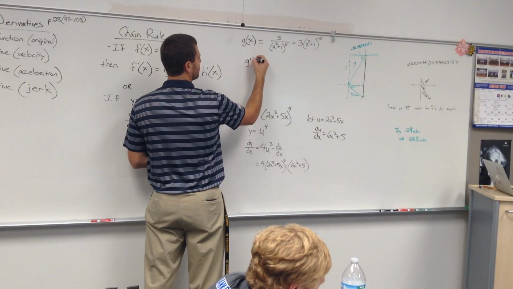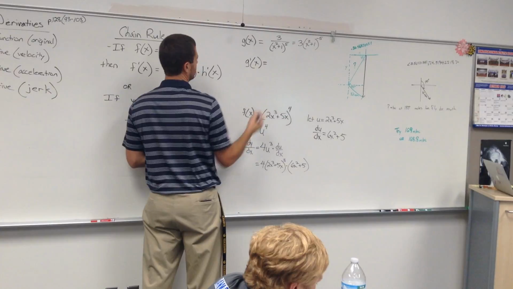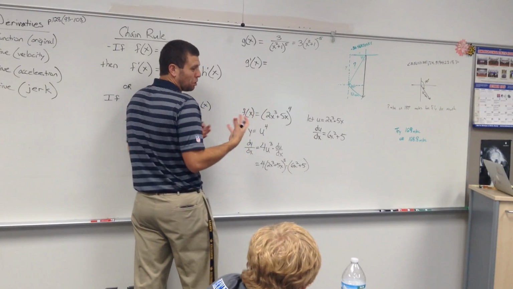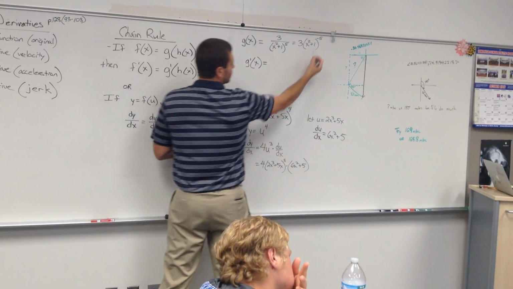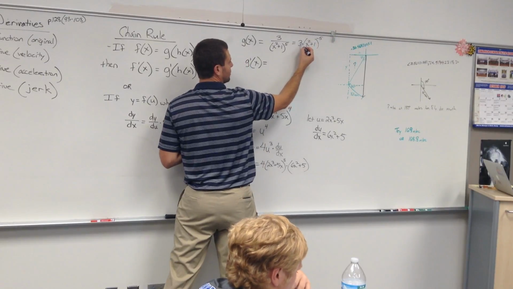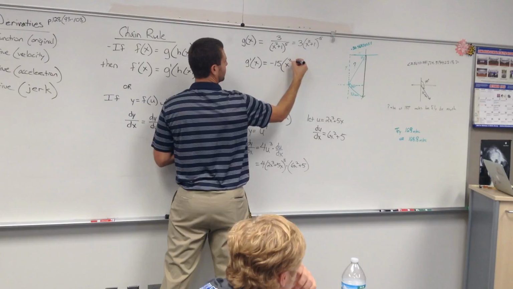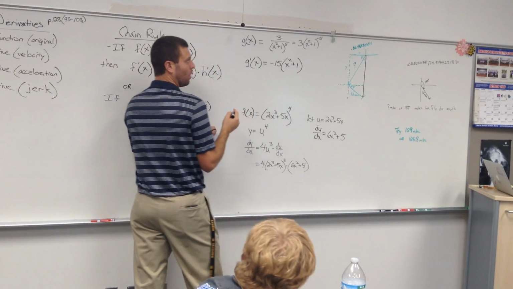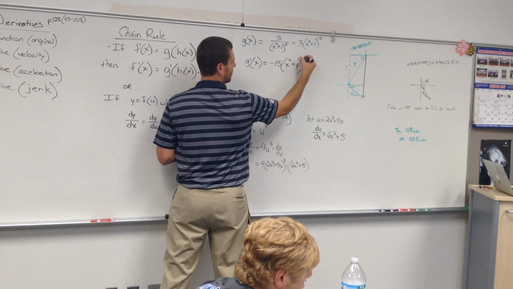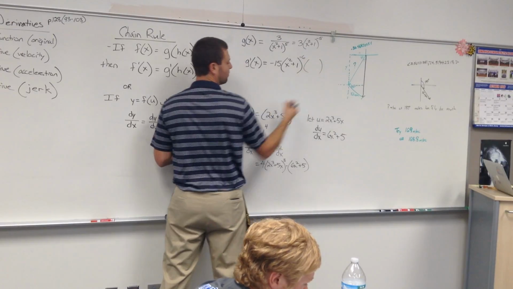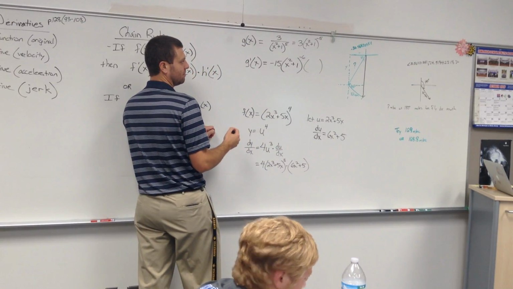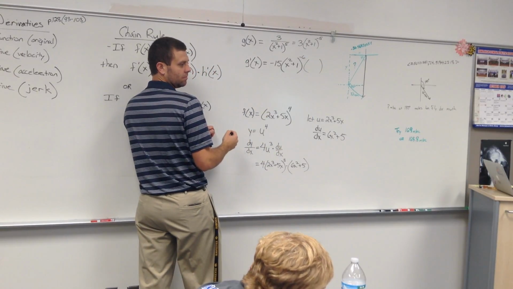So now if I were doing this derivative, I'm essentially using my power rule. So I take the negative 5 times what's in front, so negative 15. And then x squared plus 1 now is going to be raised to what power? Negative 6. But then don't forget to multiply by the derivative of what's inside. 2x.